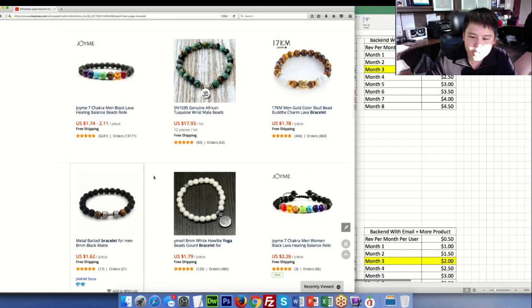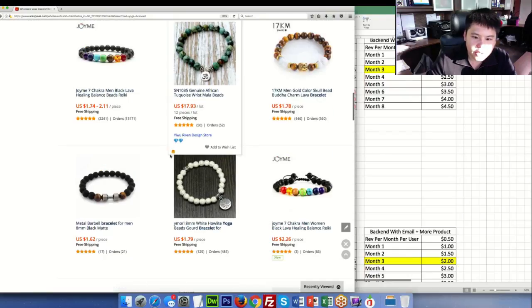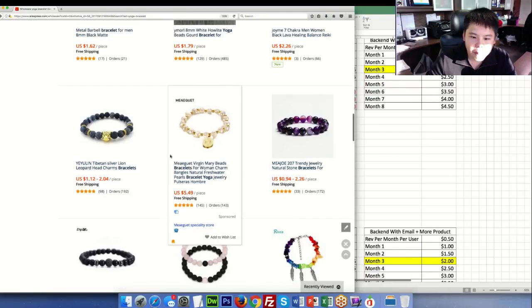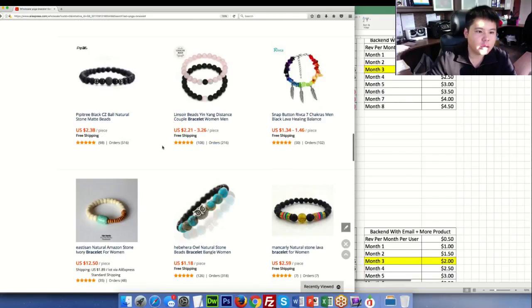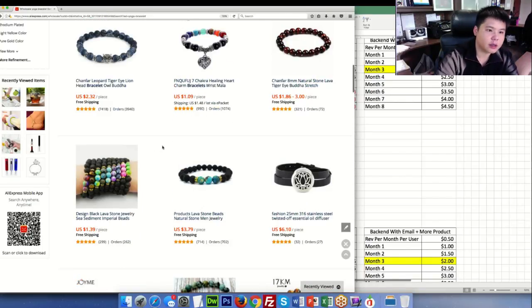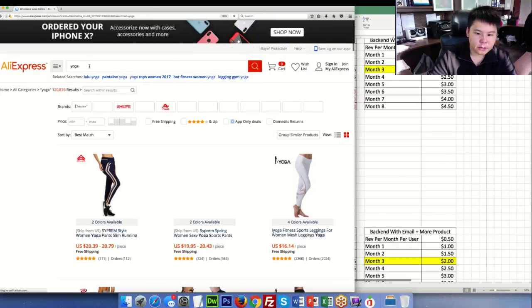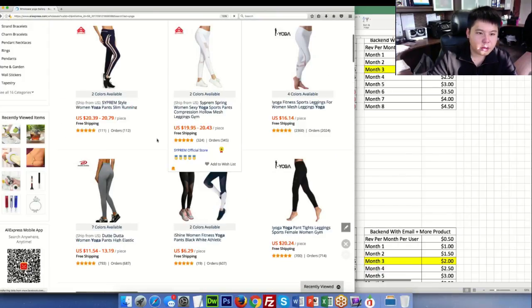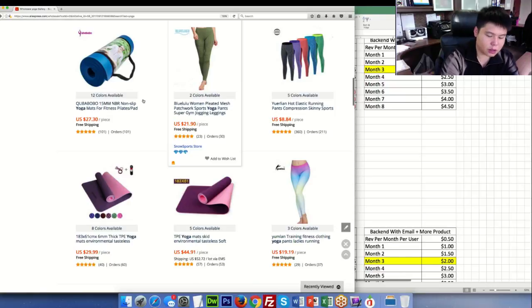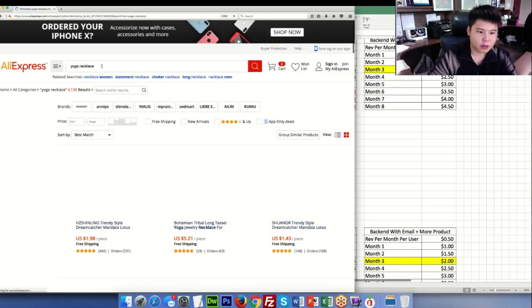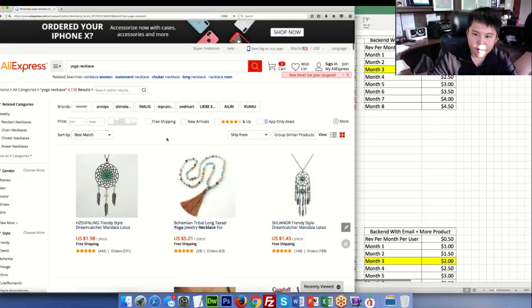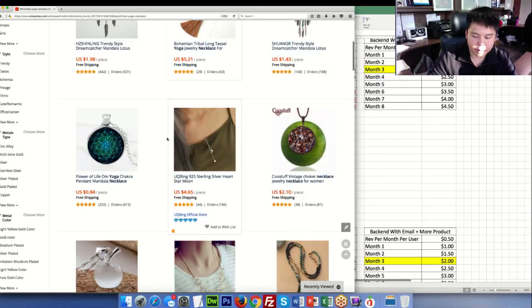I don't know what these symbols stand for. You know what? I'm just going to search for yoga. Let's see what there is. Yoga. Let's see if there's a yoga necklace. Huh. I'm just randomly finding a product right now.